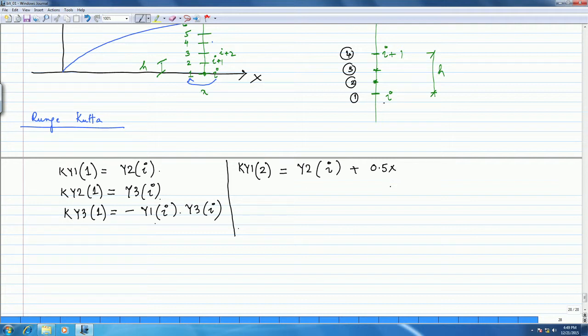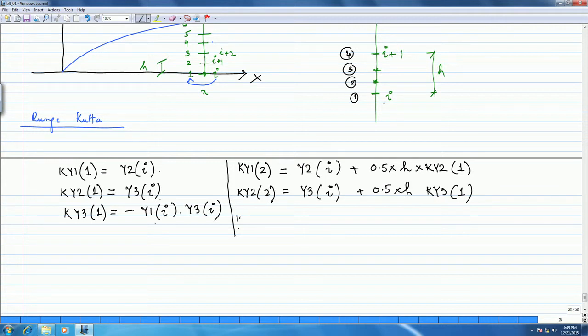This is h, so let me write that as h, into ky2 1. ky2 1 is already something that you've calculated here. Then ky2 2 is y3 plus 0.5 into h into ky3 1, and ky3 1 is from the previous step.